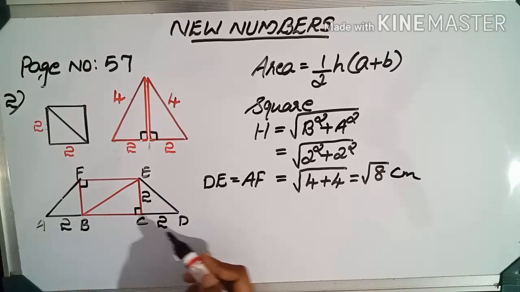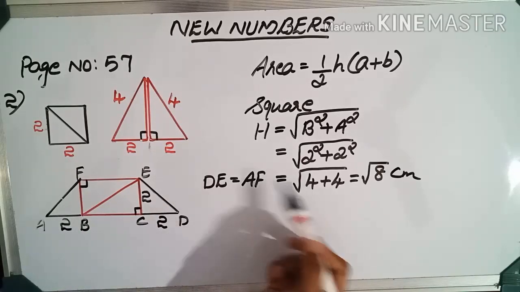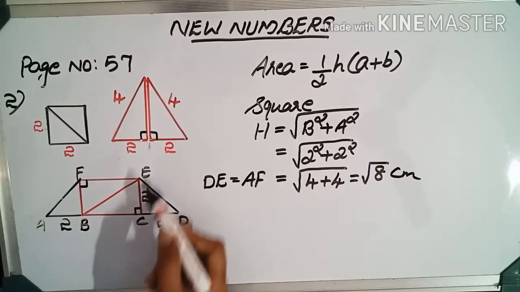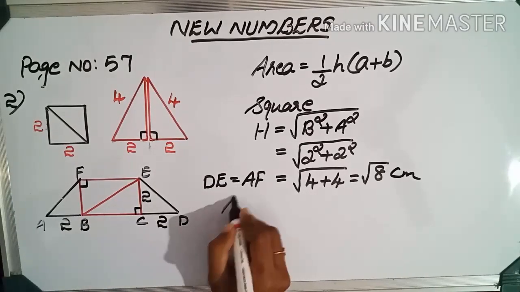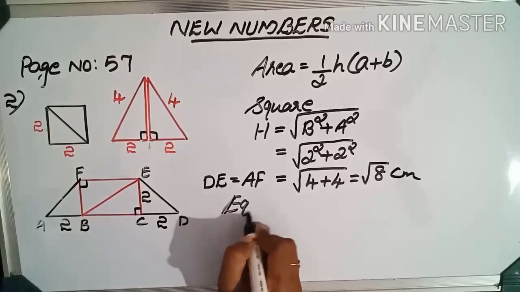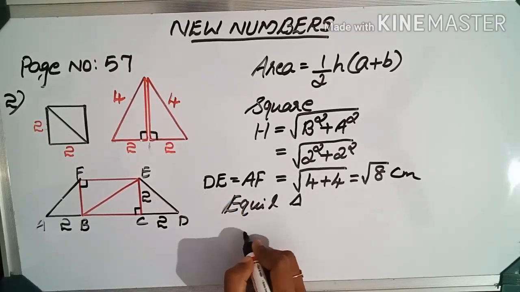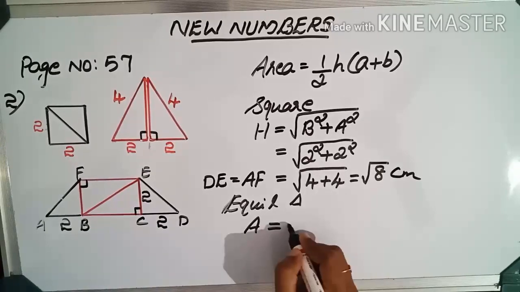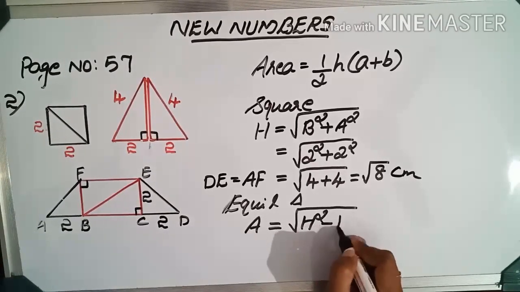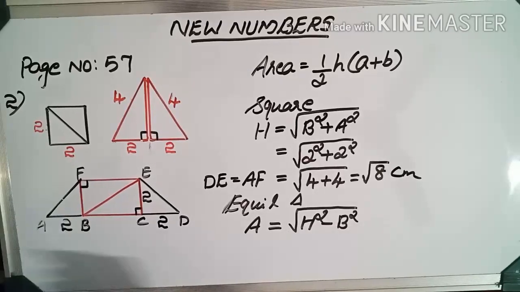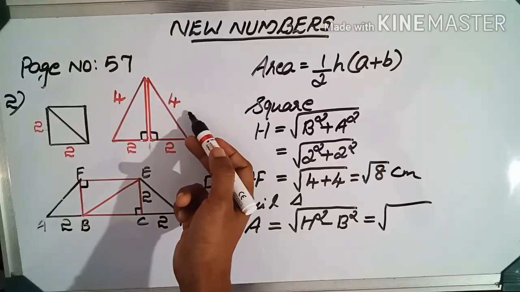Next we have to find FE and BC, both will be the same. In order to find that, we need the altitude of the equilateral triangle. So let's consider the equilateral triangle, where the altitude is what we need to find. The altitude equals the root of hypotenuse square minus base square. The hypotenuse is given, that is 4.